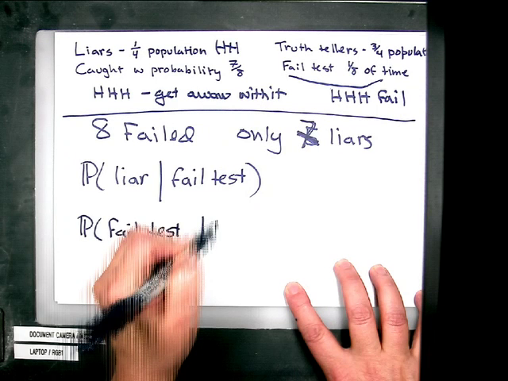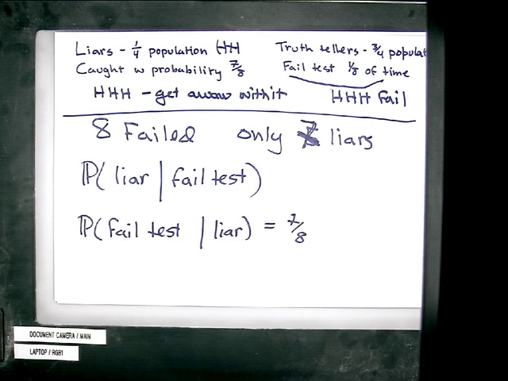And that's a common misconception that people often have, that they swap the order of those two things. The lie detector test is accurate 7/8 of the time with liars. It's not the same thing as saying, therefore, 7/8 of the people who fail the test are liars. How would I answer this question? The easiest way is to use a tree, but it's also this notion of conditional probabilities.